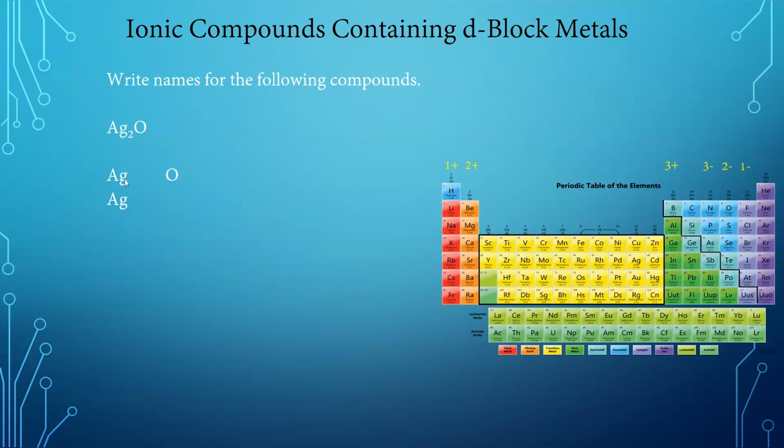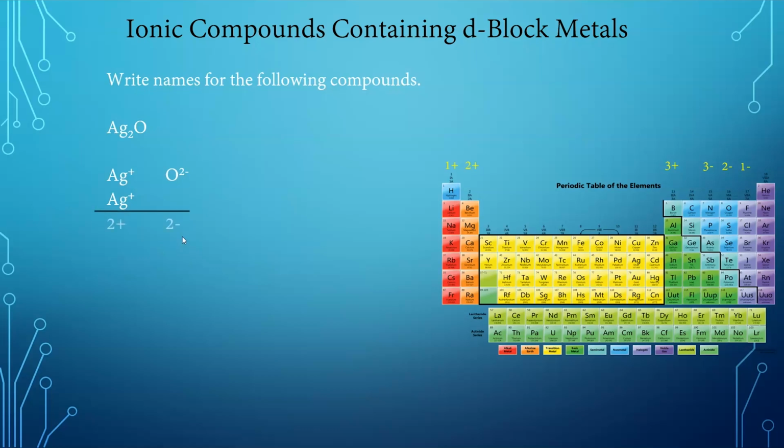We need to know the charge on the silver in order to figure out the Roman numeral, so we'll get that from the charge on oxygen. Oxygen, of course, is in group 6, therefore it's going to have a -2 charge. To balance that out, each silver ion would have to have a +1 charge.